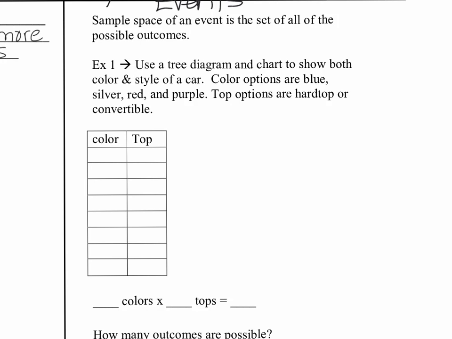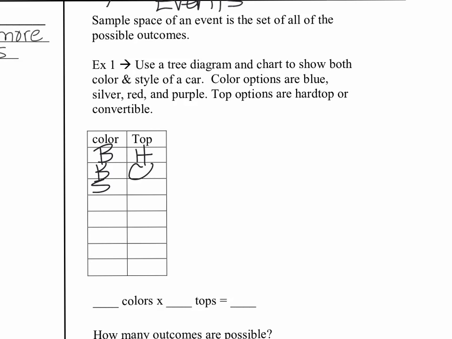Example 1. Use a tree diagram and a chart to show both color and style of a car. Color options are blue, silver, red, and purple. Top options are a hardtop or convertible. You have a blue car with a hard top. You can also have a blue car with a convertible top.